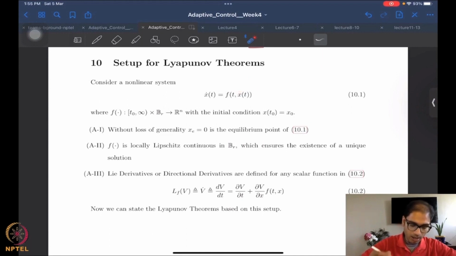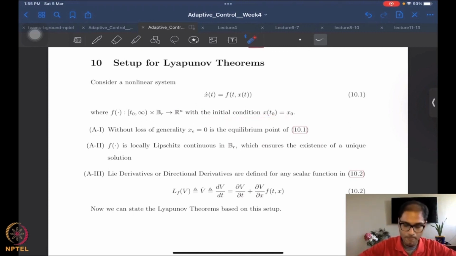Okay. Further, we of course assume a reasonable domain for the function f, which is some initial time to infinite time, some ball around the origin, and it maps to some R^n, right? Because x dot has to be in R^n, right?